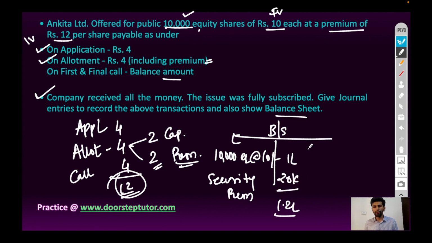Total 1,20,000 rupees. And on the asset side, the cash at bank account will be recorded at 1,20,000. It includes both the money, the equity share capital account as well as the security premium.